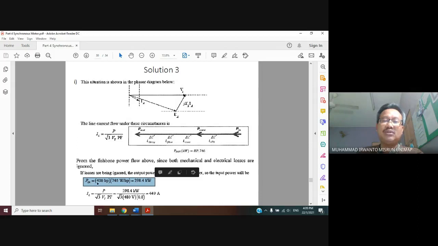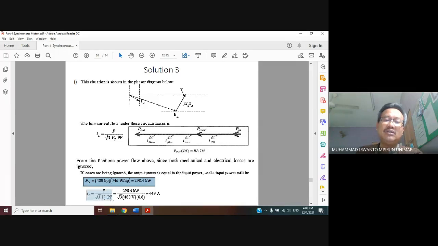So we can write, input power is equal to output power. P in is equal to, you can convert 1 horsepower is equal to 746 watt per horsepower. So 400 horsepower is equal to 298.4 kilowatt.